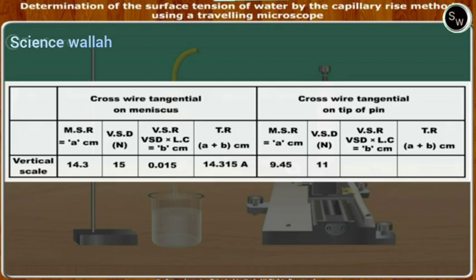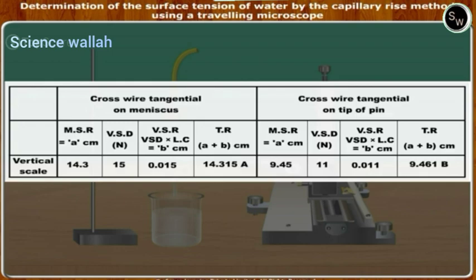N is 11. B is equal to N into LC is equal to 11 into 0.001 is equal to 0.011 centimeter, and the total reading B is equal to A plus B is equal to 9.45 plus 0.011 is equal to 9.461 centimeter.